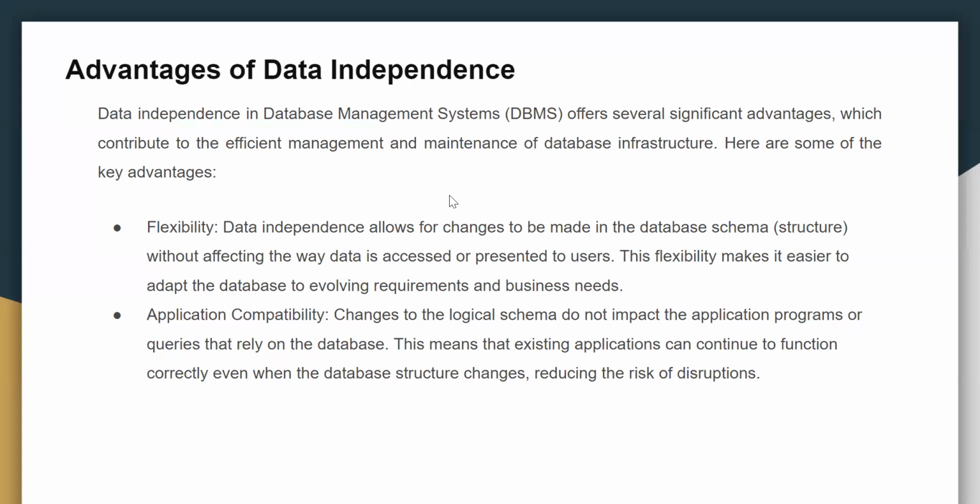Existing applications can continue to function correctly even when the database structure changes, reducing the risk of disruptions. Data independence allows changes to be made in the database schema without affecting the way data is accessed and presented to users. This flexibility makes it easier to adapt the database to evolving requirements and business needs.